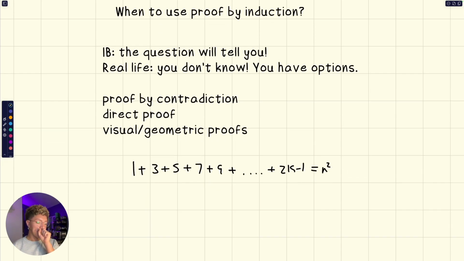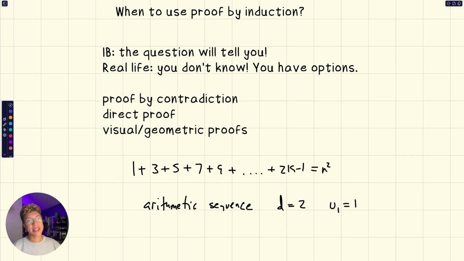Maybe you noticed this from the very beginning. What we can say is that this is an arithmetic sequence. Specifically, the common difference is 2, and our first term is 1. And we have methods to find the sum of an arithmetic sequence.